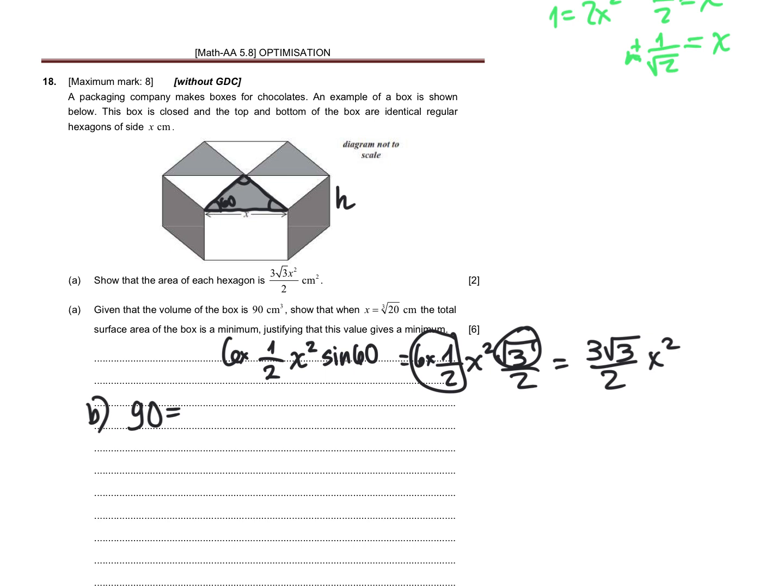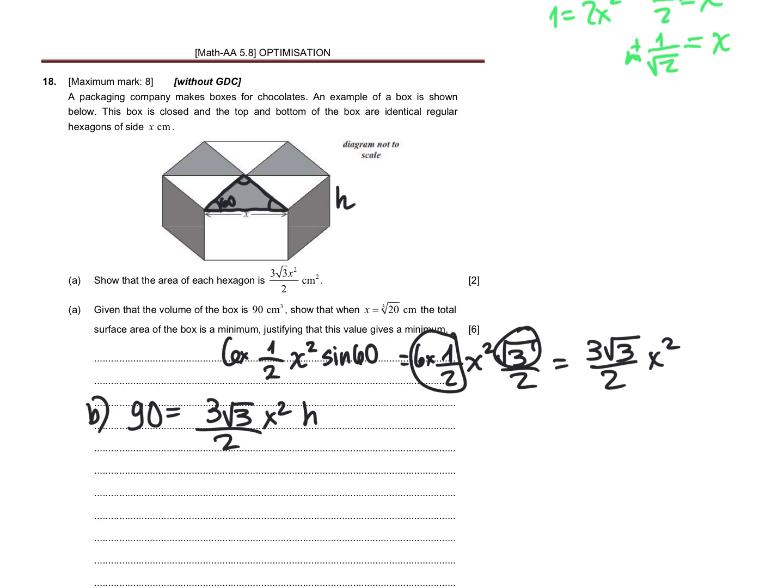So the volume of this prism, it's a hexagonal prism, is going to be the area of a face, which is the hexagonal face, times the height. All right, that's the volume. Show that when x is that, the total surface area of the box is a minimum.